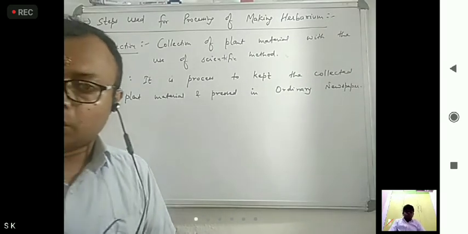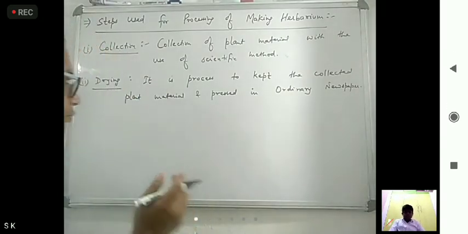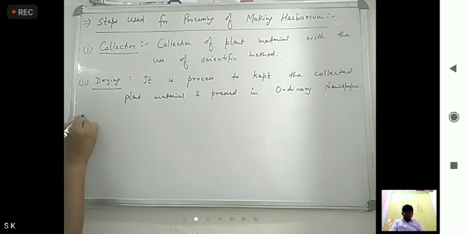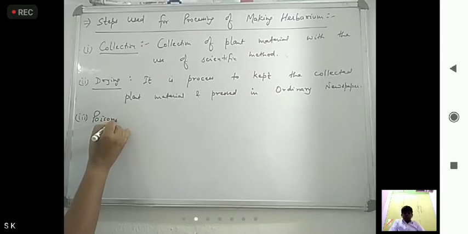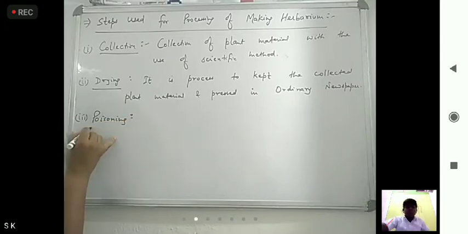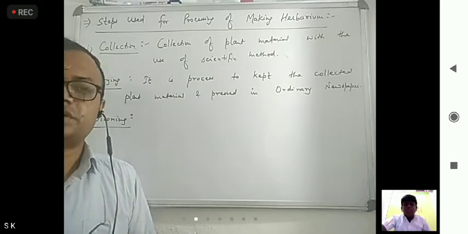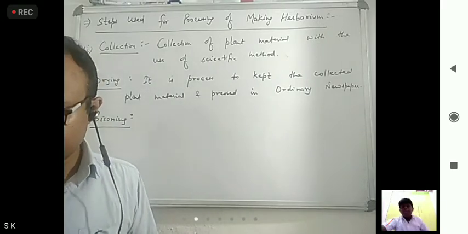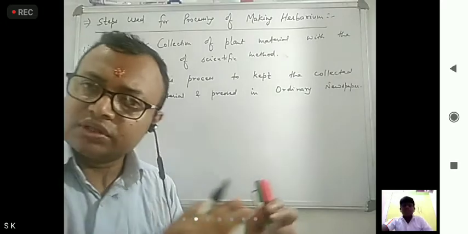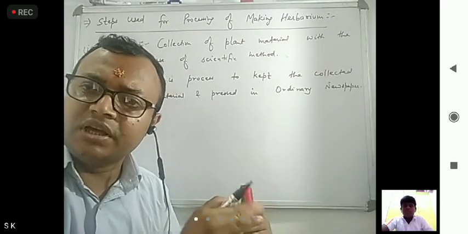Now third step is poisoning. If any plant has a poisonous nature, okay, so poisoning is what? So that the microbes should be removed.